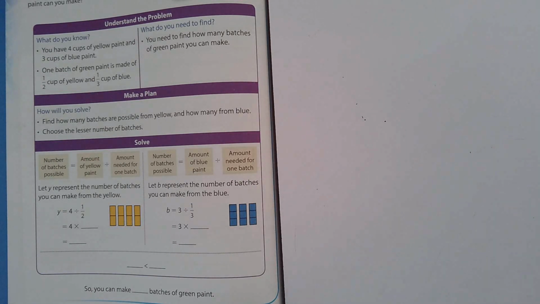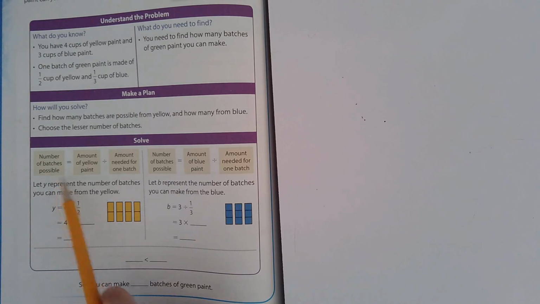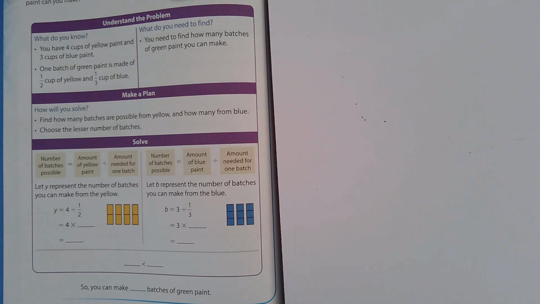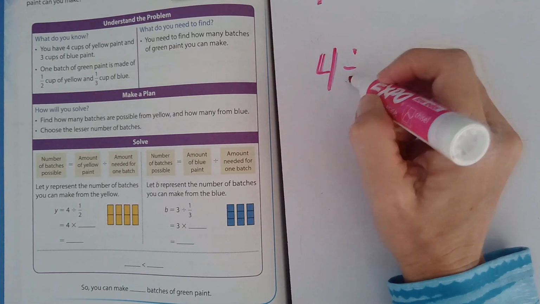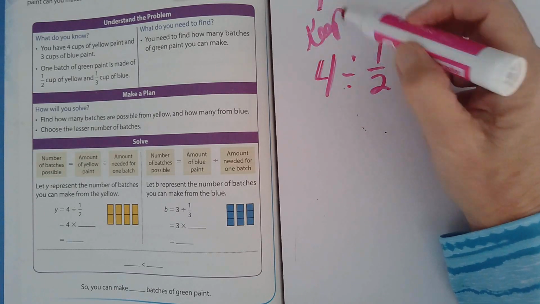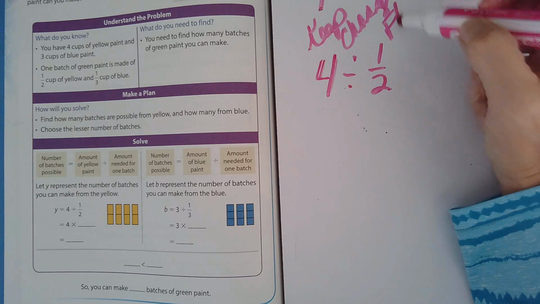Okay, so let's look at your example here. We're going to find the number of batches possible, which is going to equal the amount of yellow paint, which is 4 cups, divided by how much we need for one batch, which is 1/2. So 4 divided by 1/2, and remember our keep, change, flip.